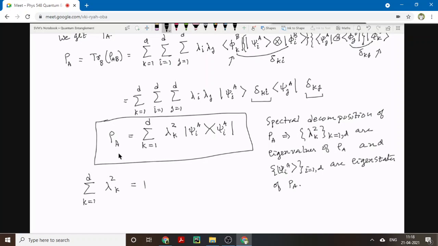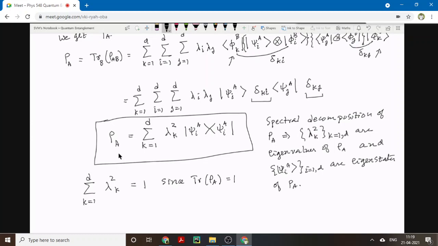This has to be equal to 1, because the sum of the eigenvalues is equal to the trace of that reduced density matrix, and the trace of that matrix has to be equal to 1. This is true since trace of rho A is equal to 1.